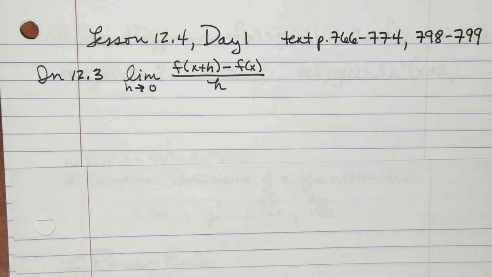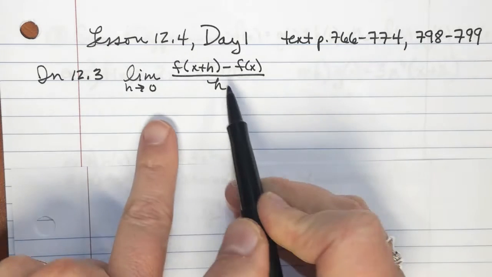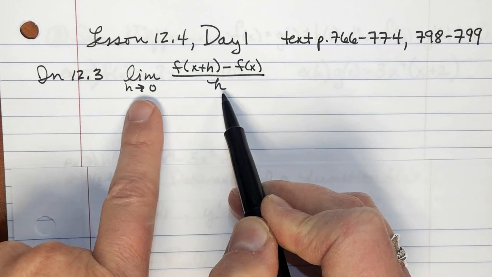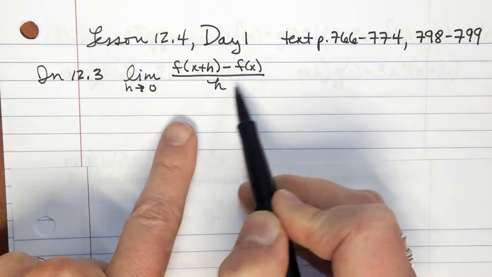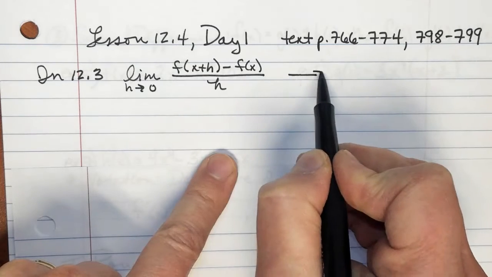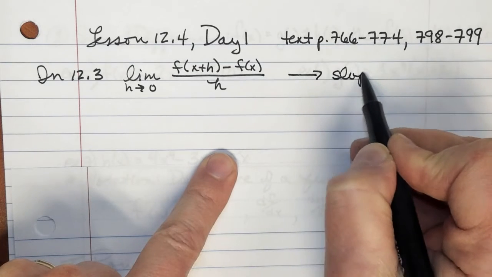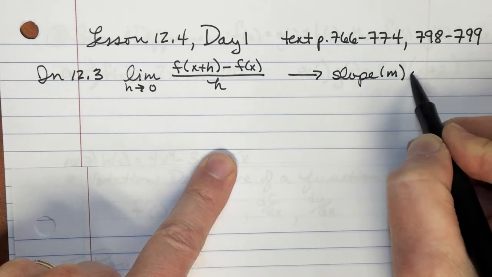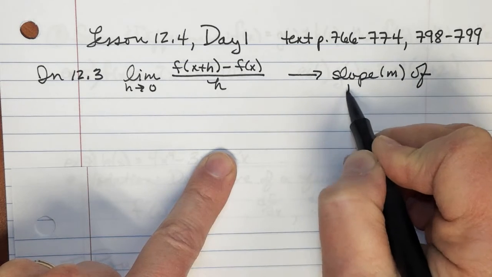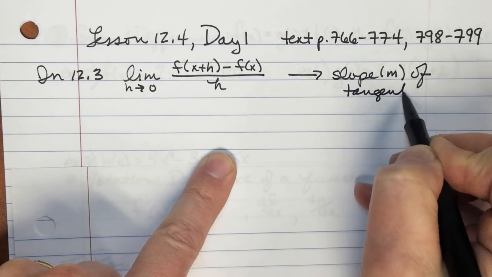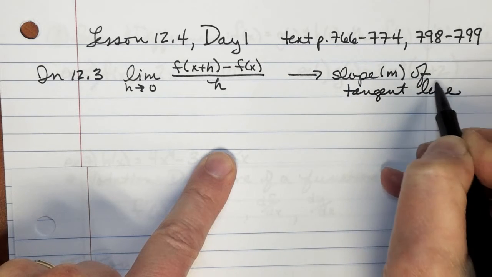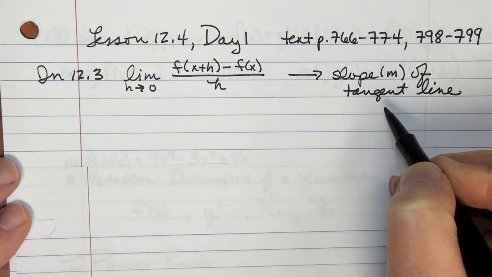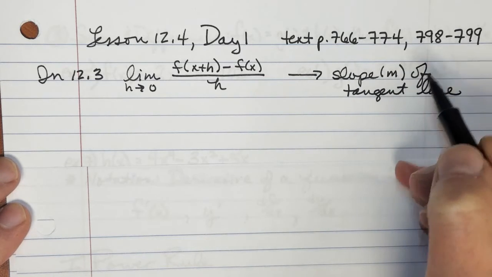12.3 is going to work with the difference quotient here and take the limit as h approaches 0. And we will learn that that will give us the slope equation for any tangent point on that graph. We've done this a little bit when we did some conics, but you will really like how easy this is.